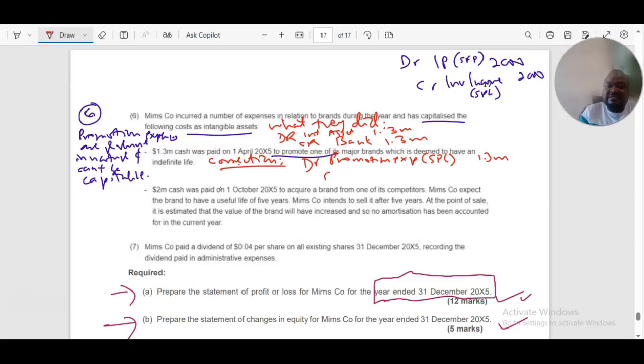And we want to credit the intangible assets 1.3 million. The assumption is that the bank had been credited properly, which is good. For the bank, in crediting bank, they were correct, but in debiting intangible assets, they were wrong. So we need to correct that. Isn't it so, ladies and gentlemen? Yes.